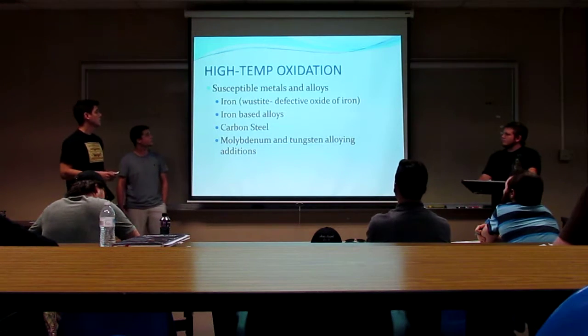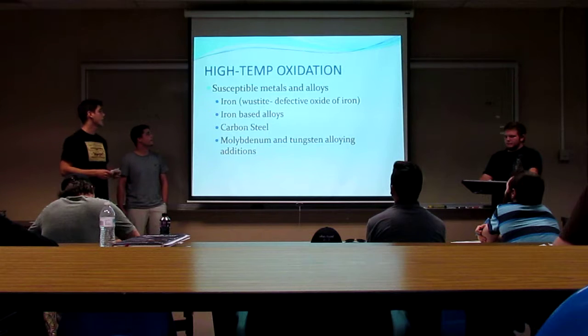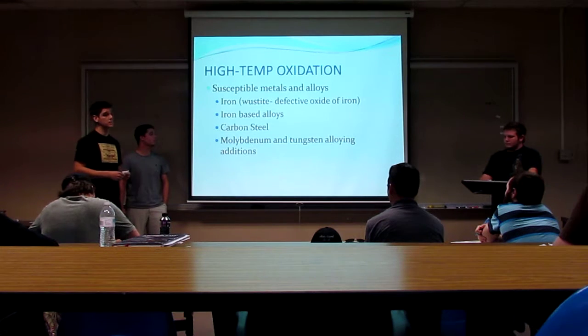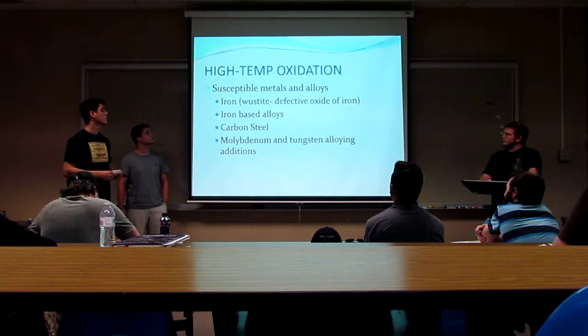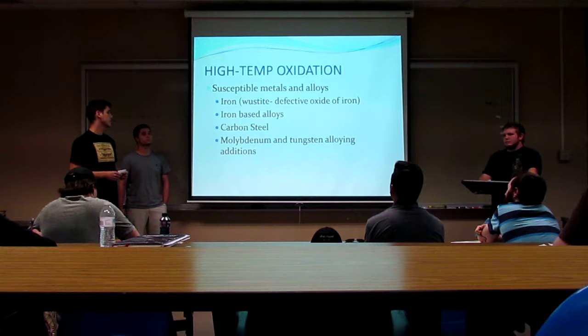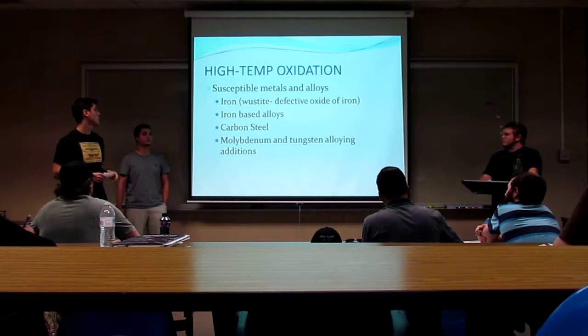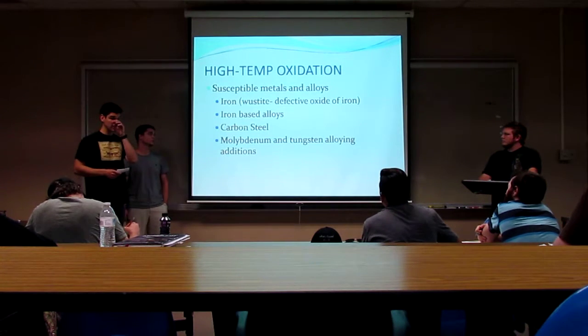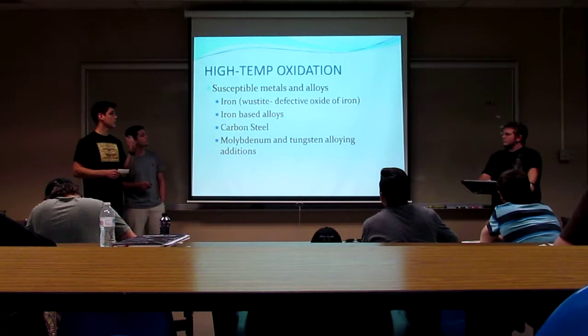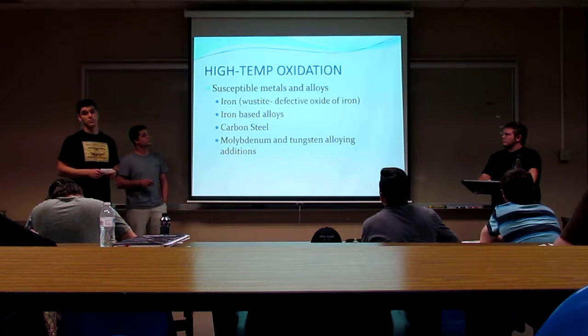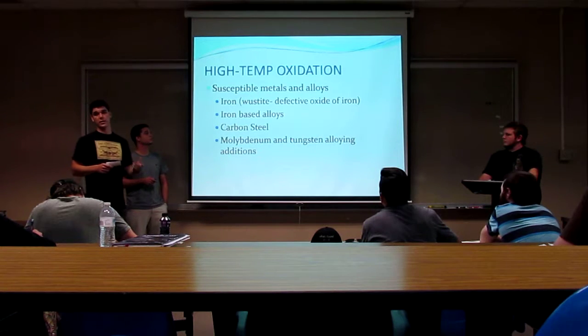Susceptible metals and alloys: iron, which oxidizes to wüstite, an oxide of iron. Iron-based alloys that contain carbon steel or molybdenum and tungsten alloying additions. When molybdenum and tungsten are alloyed with iron, they oxidize at a rapid rate.